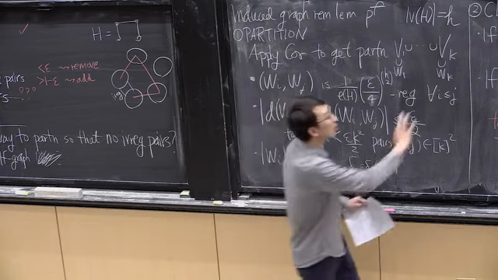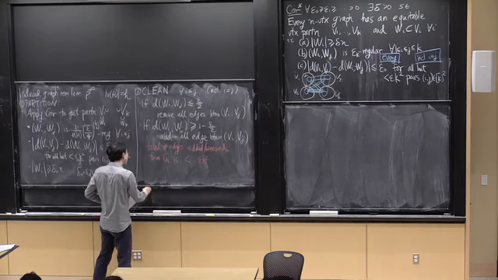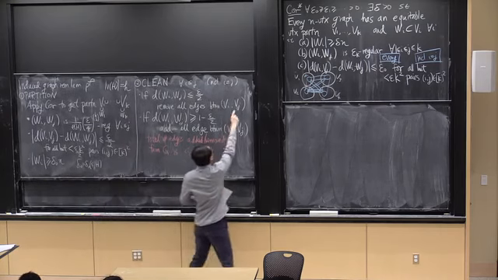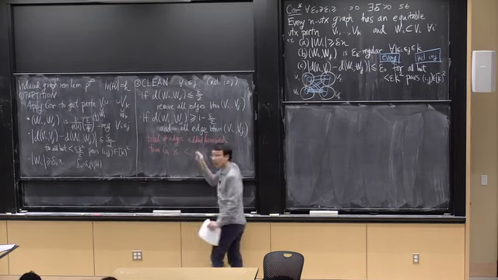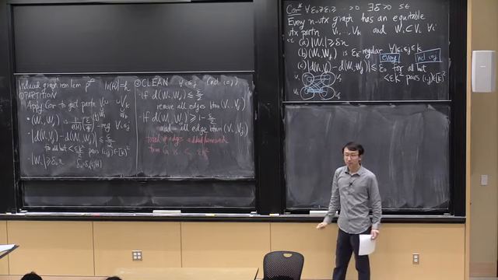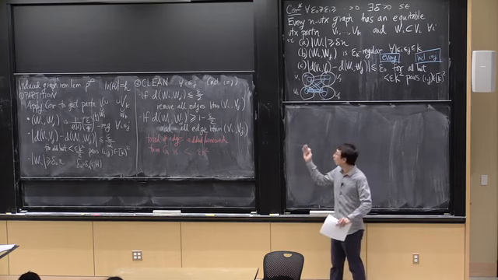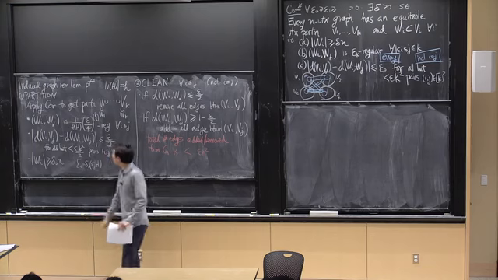So this is some small details you can work out. But here we're using, so you ask, how is the edge density between Vi and Vj related to Wi and Wj? Well, for most pairs of i and j, they are very similar. And there's a small fraction of them that are not similar, but then you just lump everything into this bound over here.